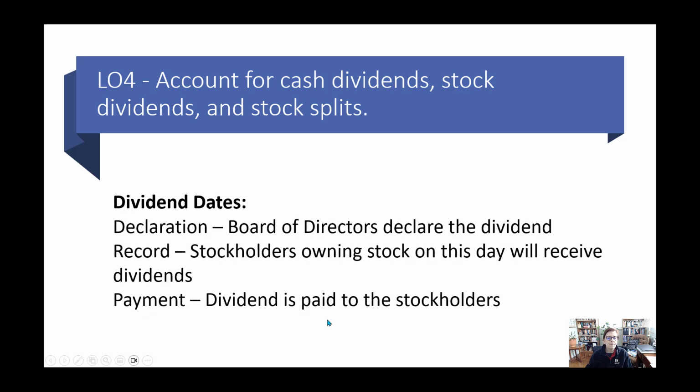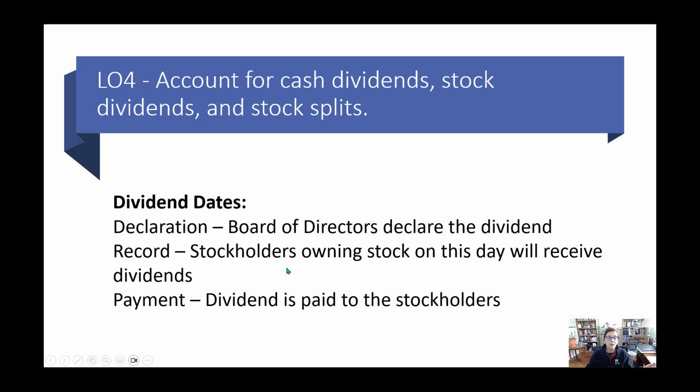Okay. So there are 3 dates with dividends. The first date is the declaration date, and that's when the board of directors says, okay, we are going to pay X amount of dividends to stockholders of record on this date. And so the board of directors says we're paying a dividend. That's when the company has a liability.